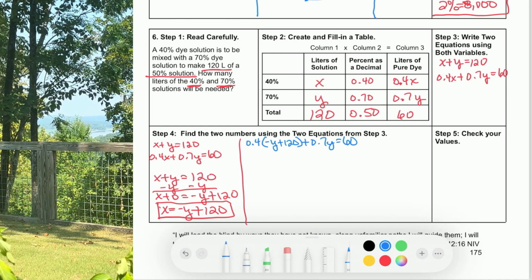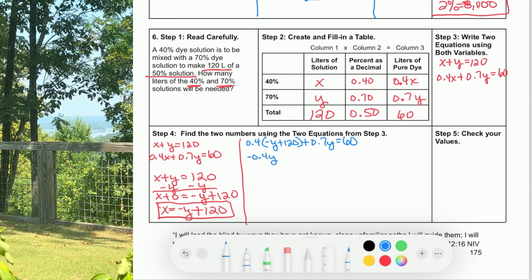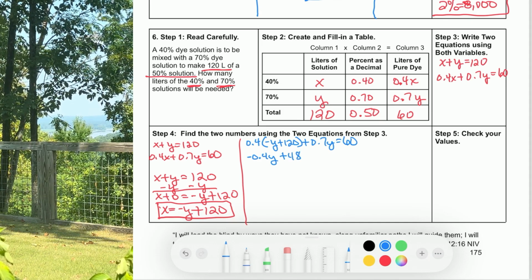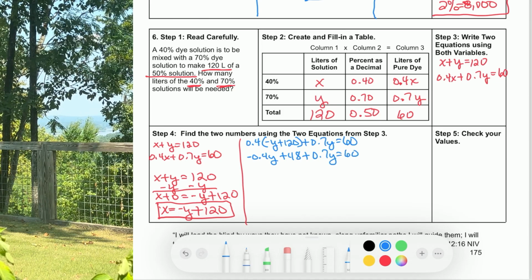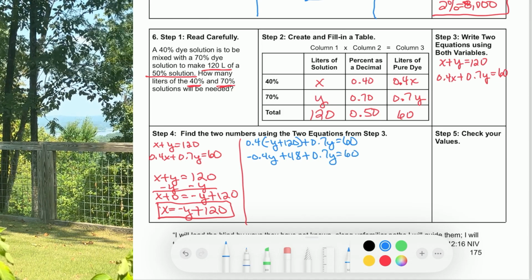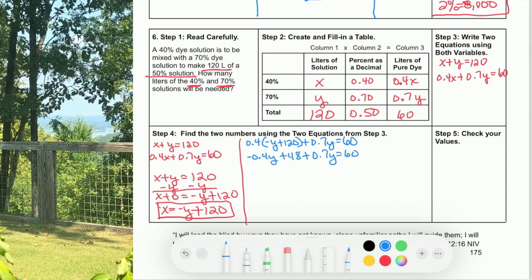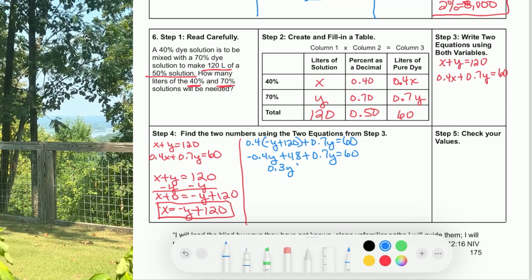Go ahead and distribute that. That becomes a negative 0.4y. 0.4 times 120 gives us a 48. And then write out the rest. Now we're going to combine like terms. That negative 0.4y and that 0.7y. We're going to combine those and get 0.3y.